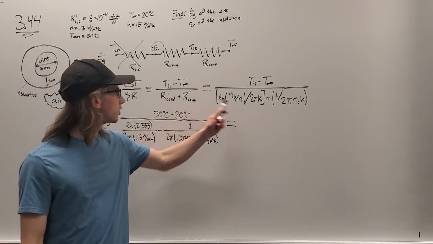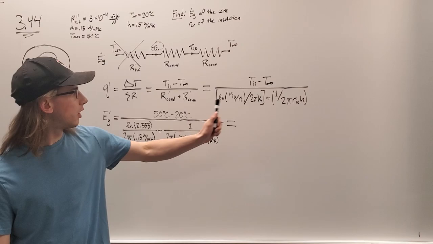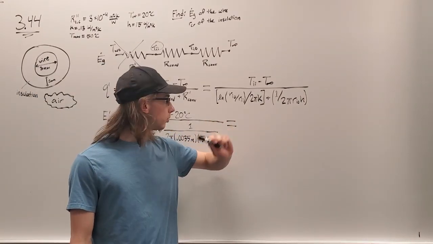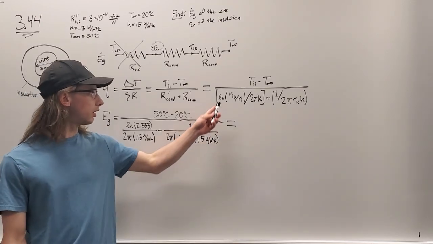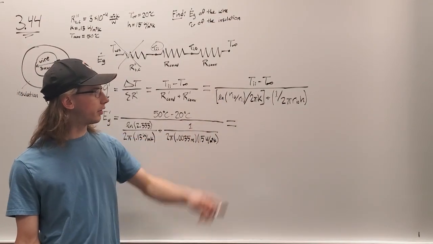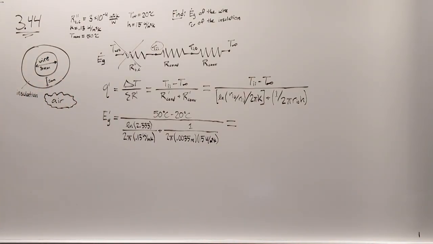The next thing I did was expand these resistance equations. They are a little different than maybe what we are used to, because of course we're looking at a cylinder, so we get this funny natural log of the ratios of the radiuses.